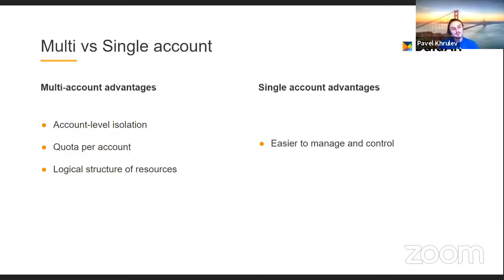Also, AWS has a quota per account. There are quotas per resource, soft limits and hard limits. If you are a very big organization, an enterprise, you will probably meet these limits very soon. That might be a problem because you have a lot of workloads and a lot of resources, and you want to put them all in one account.